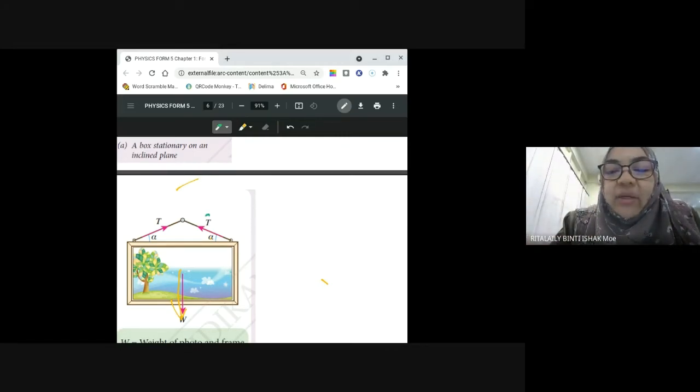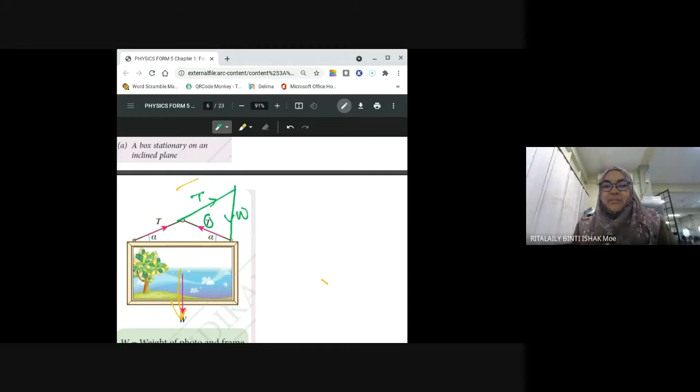So this one is T, which I did not touch because it is already there, and this one I extended, which I shifted here, and this is the W. If you look at this diagram, with the diagram that I've drawn previously, it's the same. Only it is very rough because I used freehand. If I used a protractor and a ruler, I would get it exact. It should be like this.